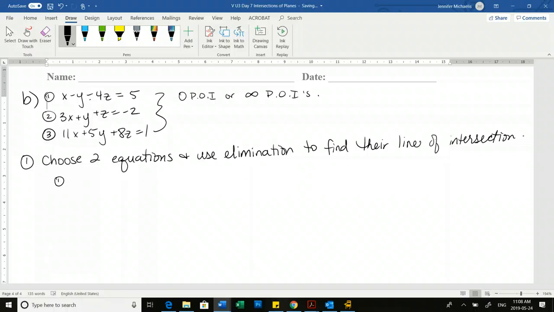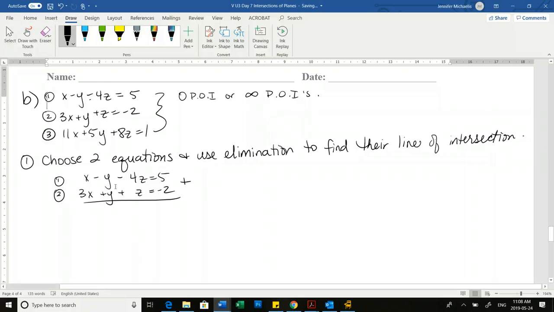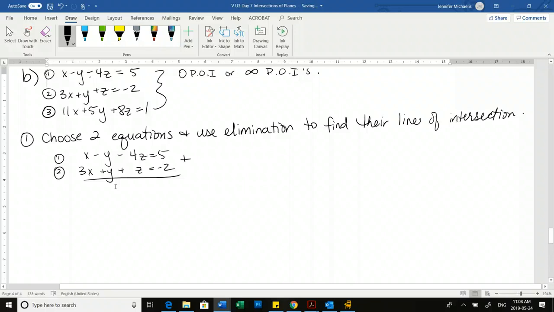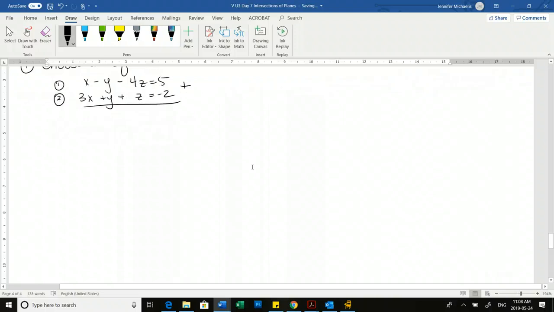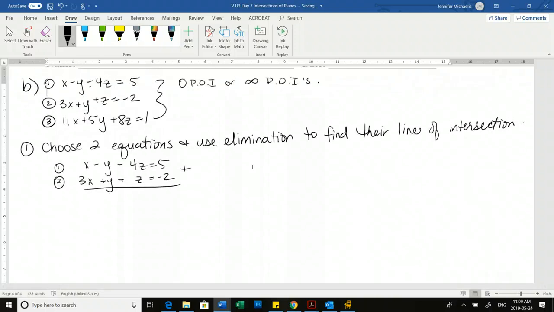So I'm going to choose 1 and 2. And we can just add them together because the y's are already opposites of one another. So if you don't eliminate a variable here, you're probably doing it wrong, okay? You need to at least eliminate one variable. So when we're adding, we get 4x, and now negative 3z, and positive 3.